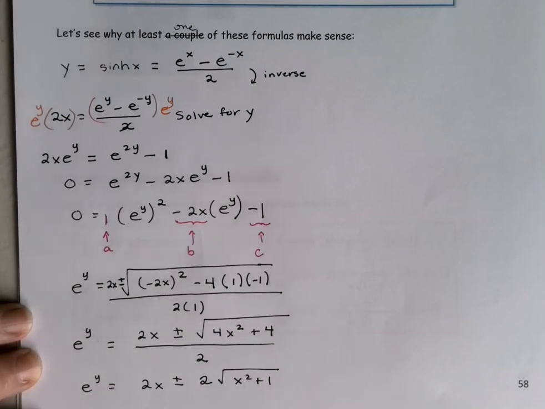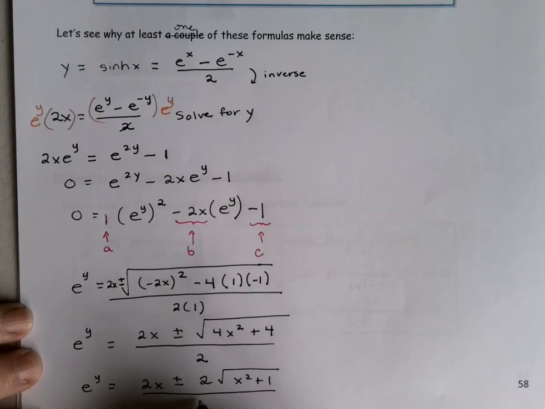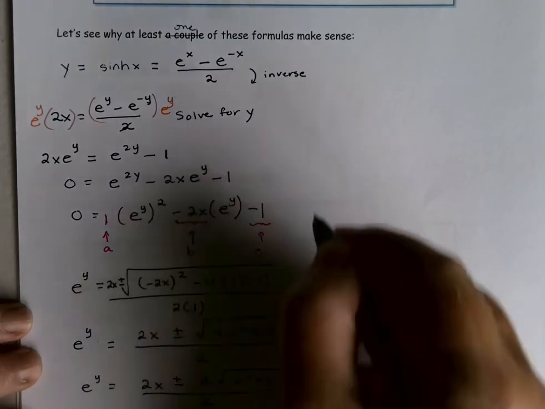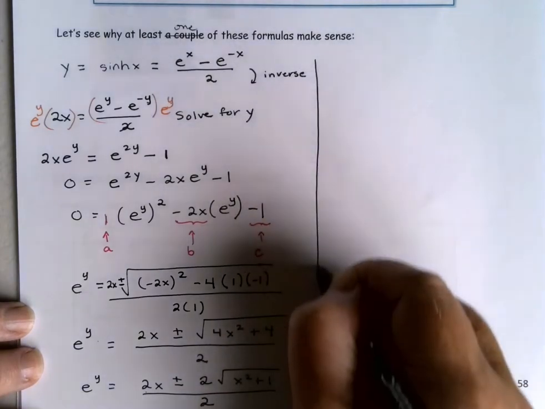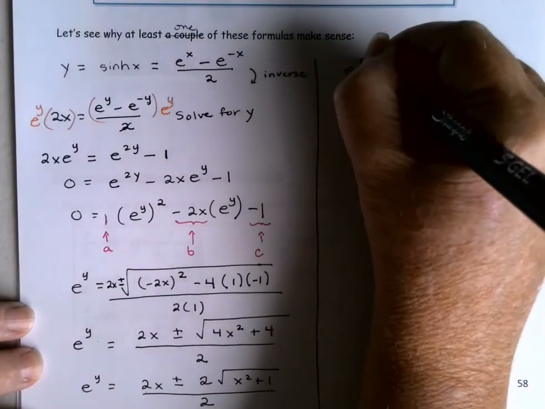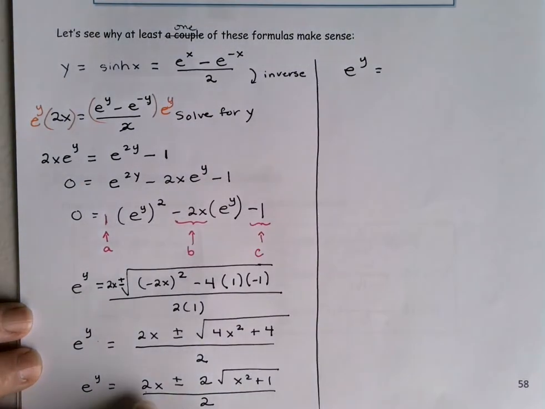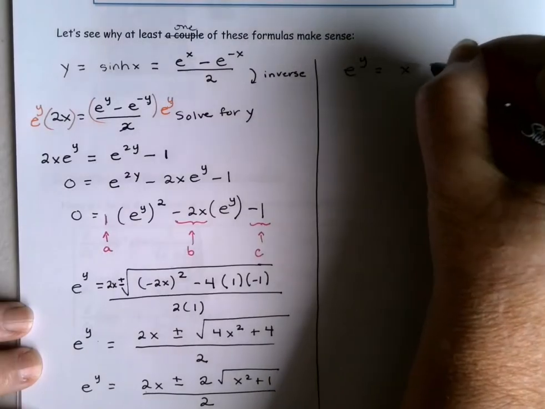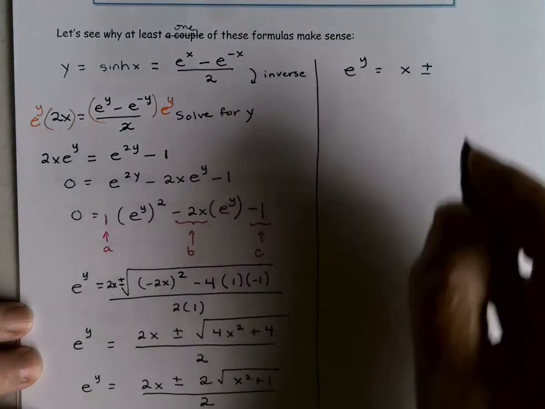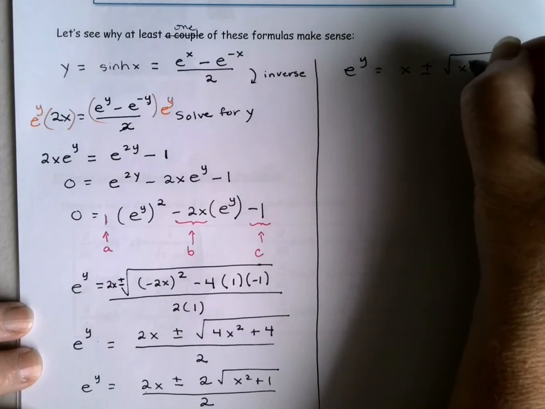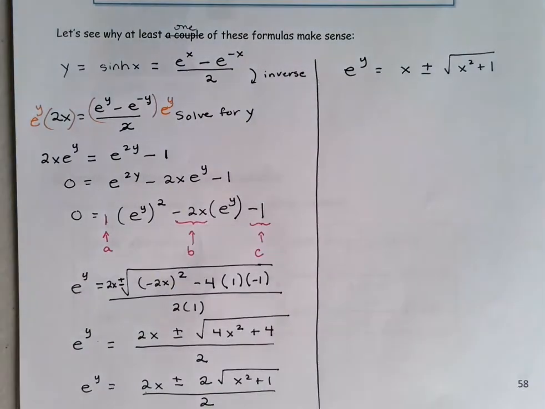So what I have left under there is just x squared plus 1 now. And of course, that's going to allow me to divide out the 2's. So I now have e to the y equals x, just 1x, plus or minus the square root of x squared plus 1.